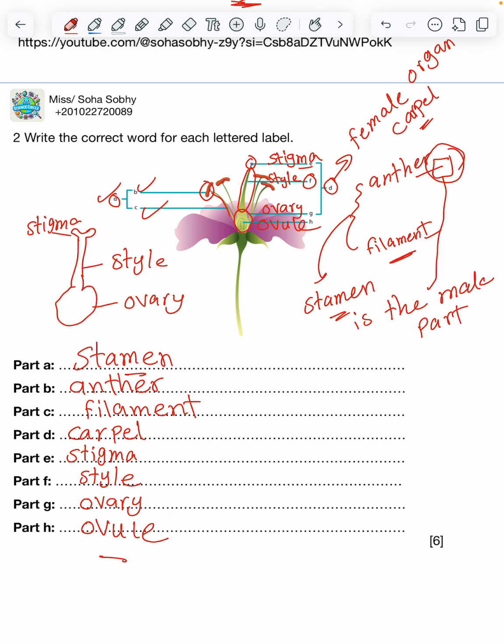Stigma, it's sticky to catch pollen. Style, this is a tube that connects between the stigma and ovary, and also it carries pollen from the stigma to the ovary. Ovary contains egg and ovule. After fertilization, the ovule will turn into seed. Okay?